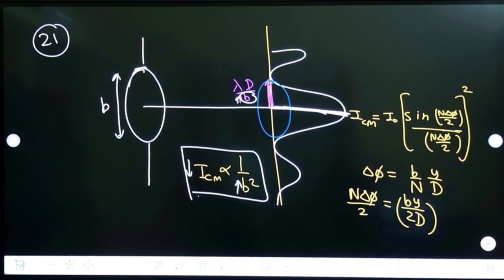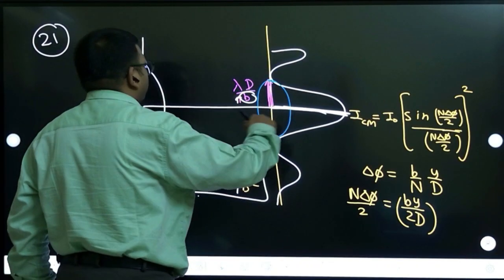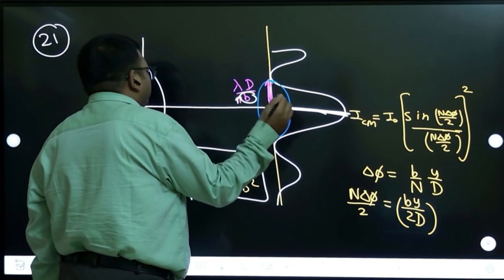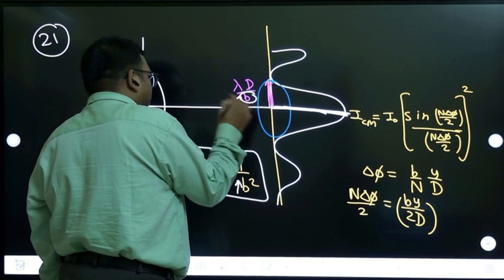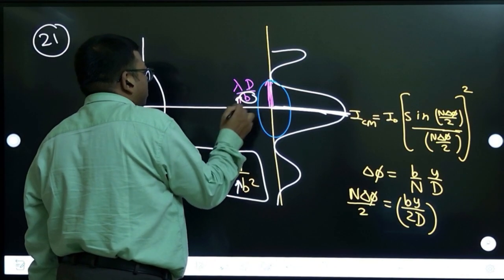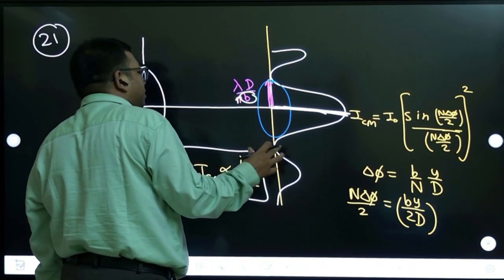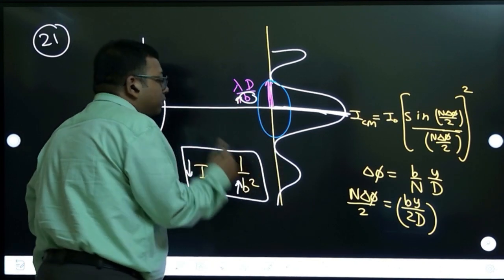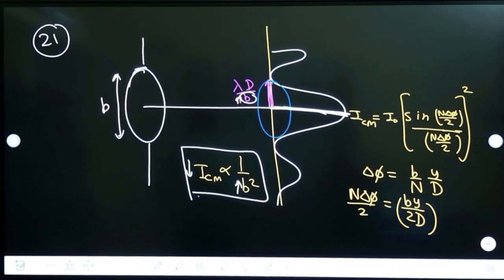For any color you take, they are overlapping. Different colors are overlapping, but the effect of increasing B is that intensity for each color will be decreasing. So overall intensity should also decrease. So both should be decreasing only. It should not be increasing.